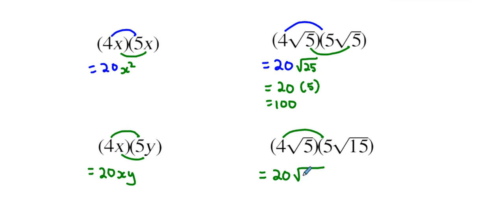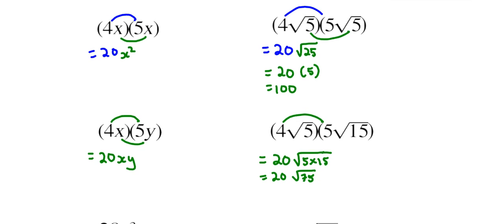I'm going to show you that step here. This will be 5 times 15, which is going to be 20 root of 75. And again, I need to check to see if this can be simplified. Can I simplify this further? Well, I can. The root 75 can be broken down into 25 times 3.